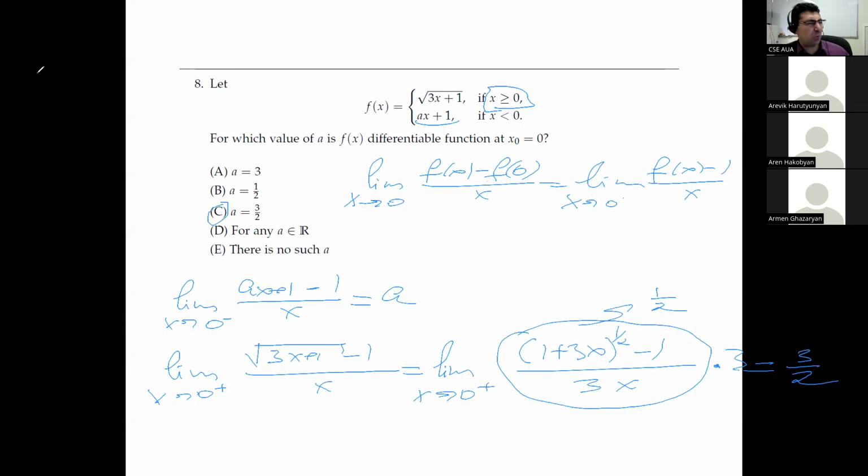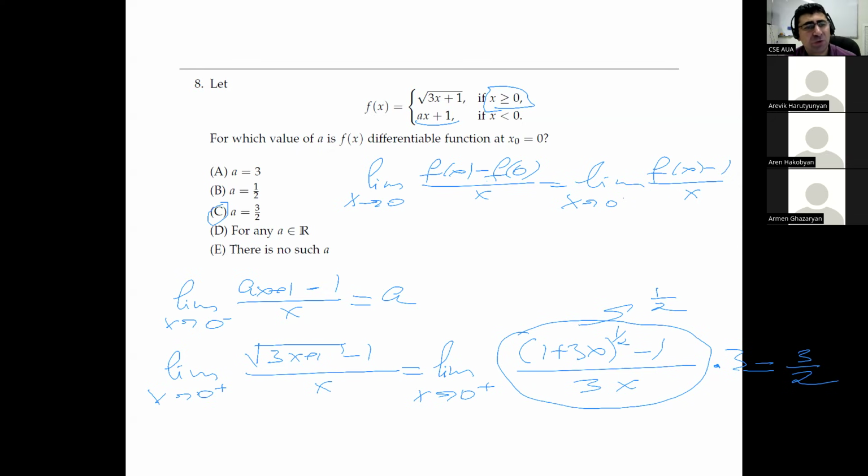Guys, do we need to check whether the function is continuous? If we already showed that the limit exists, so it is differentiable. Yeah. If (f(x) − f(x0)) / (x − x0) has a finite limit, it implies that the function is continuous.